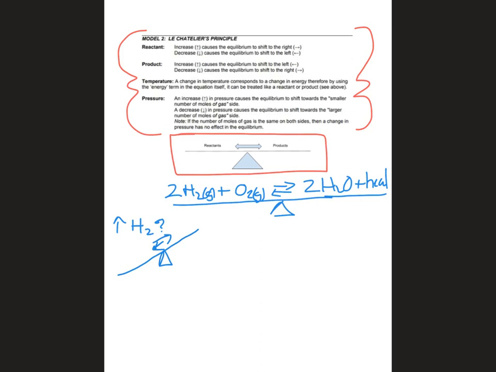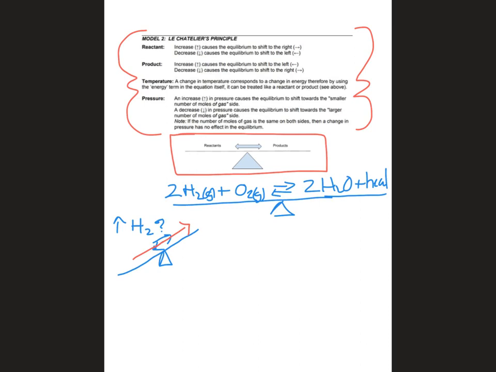It would come down. So if we want to make this teeter-totter go back to being level, but we can't take anything off, what would have to happen? Well, if we want to make that go flat, everybody on the teeter-totter is going to have to shift to the right.